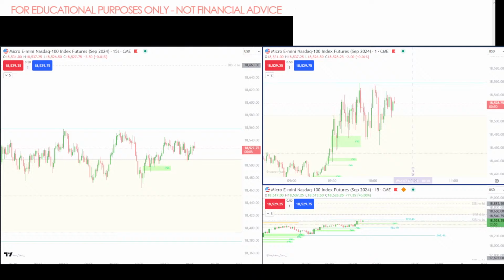Never, ever enter if the entry is rooted in any kind of fear of missing out. There are always more trade opportunities. Okay.